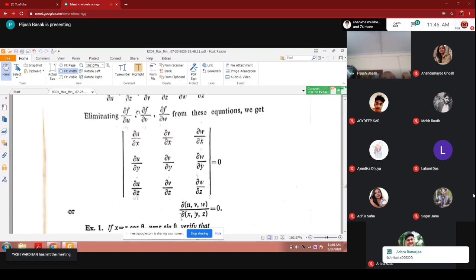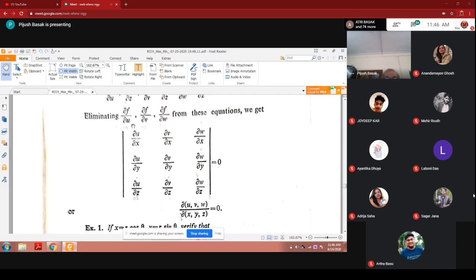When I have to eliminate, we frame the determinant. Suppose 2x plus 3y is equal to 4, 2x plus 3y is equal to 0, and 4x plus 3y is also equal to 0. Then if you eliminate x and y, you will get 2 3 and 3 2.